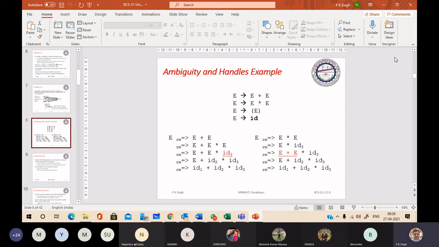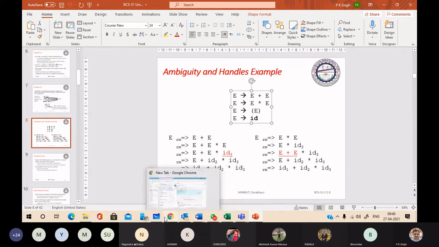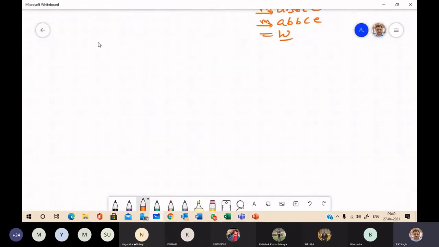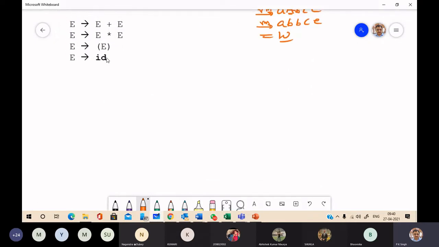Now see the rightmost derivation of this expression grammar. The string is ID plus ID into ID.